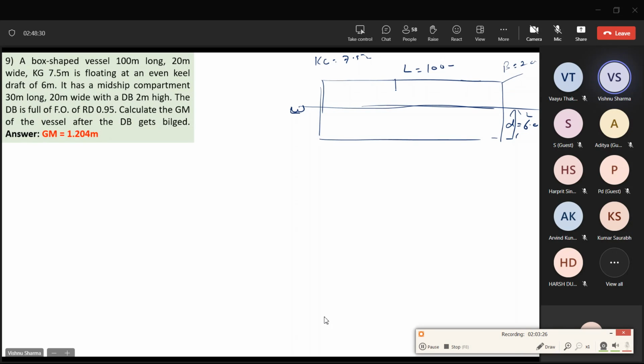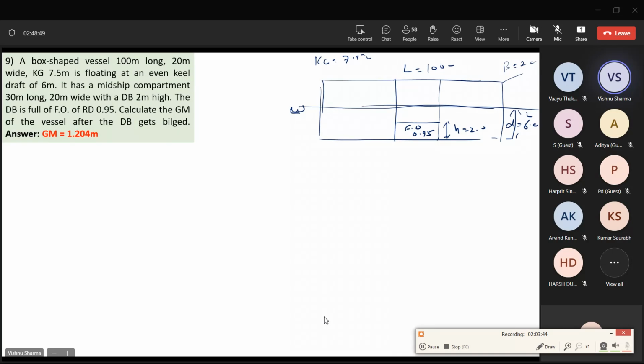It has a DB 2 meters high, full of fuel oil, 0.95 RD. Calculate the GM of the vessel after the DB gets bilged.